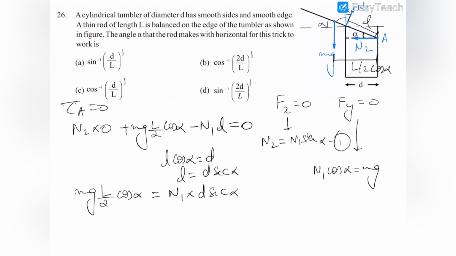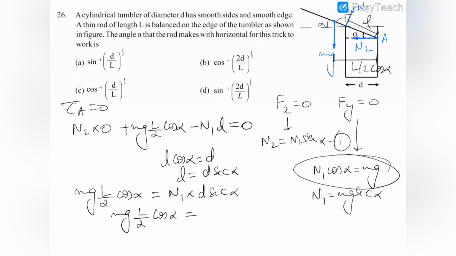This is the first relation, and we already know that N1 is equal to mg sec alpha from the second relation. So mg L by 2 cos alpha is equal to mg d sec square alpha.